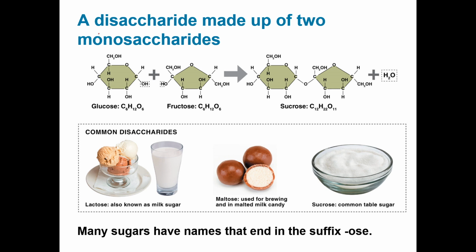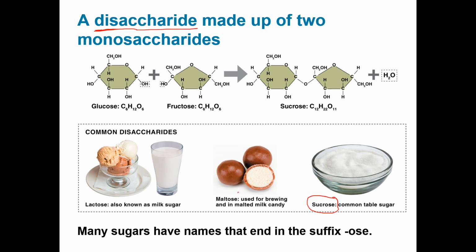The simplest complex carbohydrate has only two monosaccharides combined together. So it's called a disaccharide. One example of this is sucrose. That's the regular sugar that you would bake with or maybe sprinkle in your coffee if you have sugar in coffee.